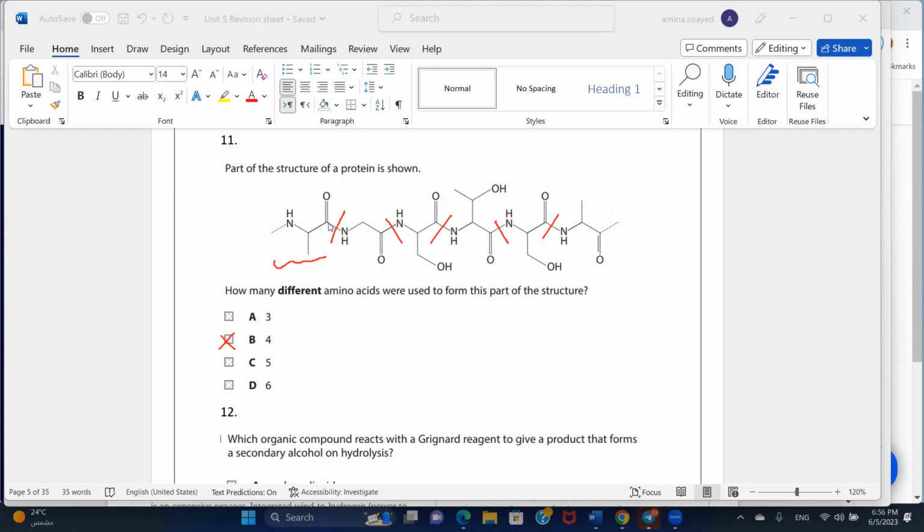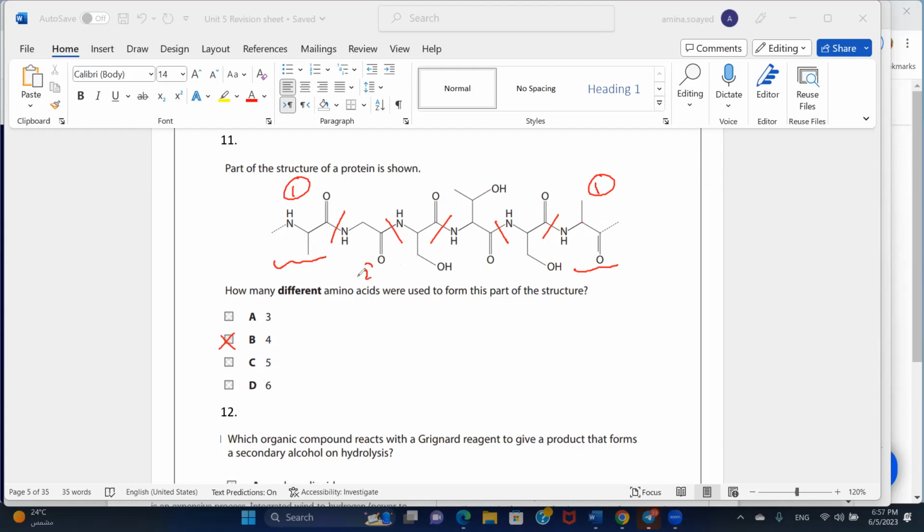It contains a C double bond O, C, and a methyl. Here we have a C double bond O, C, and a methyl. So these two are similar. This is the first amino acid.